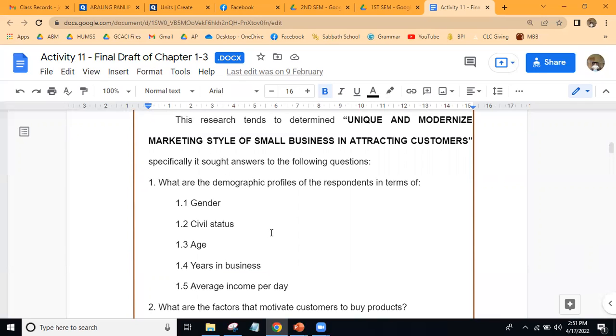Mostly this is always included, but if this is not necessary for your research, do not include the demographic profile. But let's see. Do you think gender has something to do with a unique and modernized marketing style? Because if not, we can leave it out since it only adds another table to present in chapter 4. But you will not make chapter 4 because you will not survey. You only go up to chapter 3; you will do that next school year because you will be doing research the whole year.